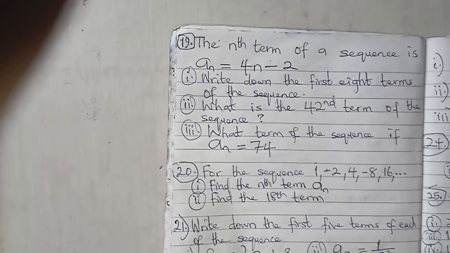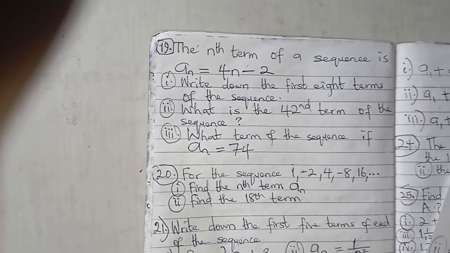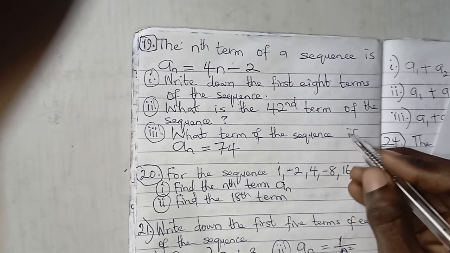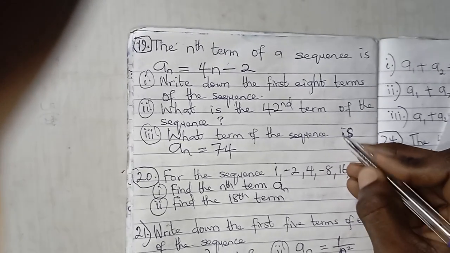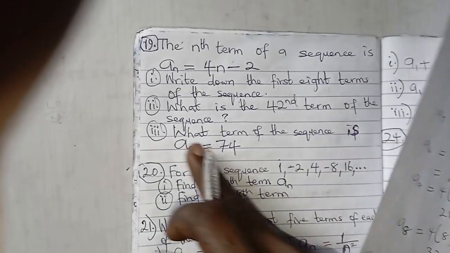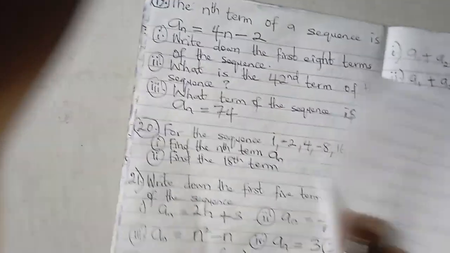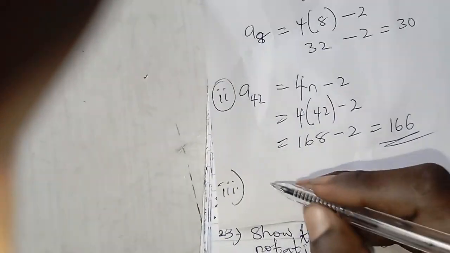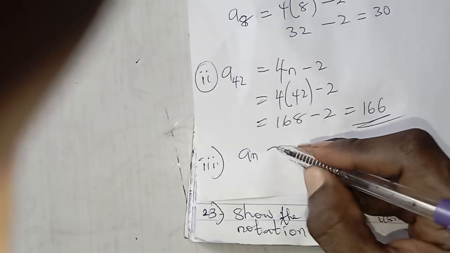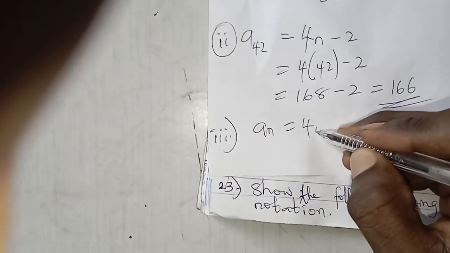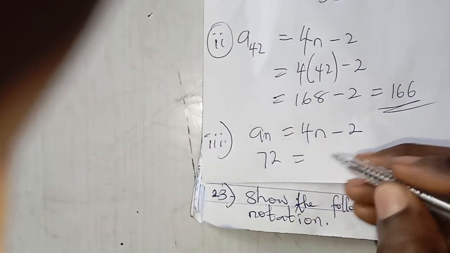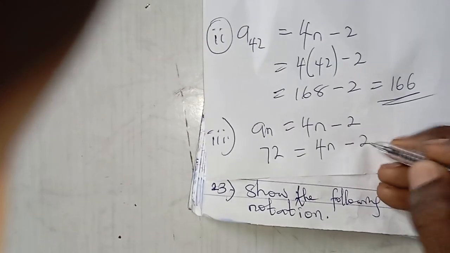Now the next part. They said, what term of the sequence is an equal to 74? What term of the sequence is an equal to 74? So all I need to do is, an here, first of all, is equal to 4n minus 2. So here an is 72 equal to 4n minus 2.